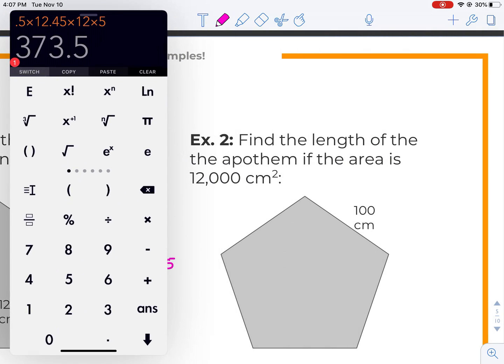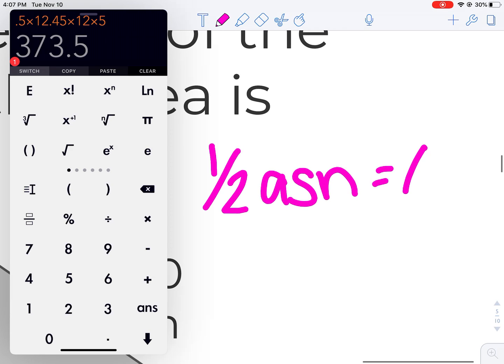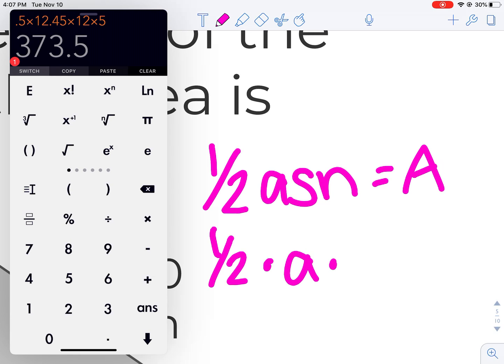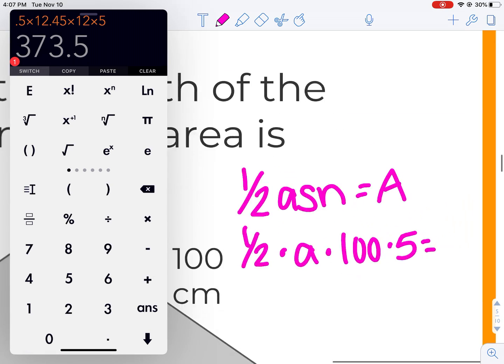On this second one, we're going to work backwards. We're asked to find the length of the apothem if we know the area, and again, we know it's a pentagon because of our picture. So I'm still starting with my formula: 1/2 the apothem times the side times the number of sides. Plug in everything I know. I don't know my apothem. I know each side is 100. I know I have 5 sides, and I know that equals 12,000.